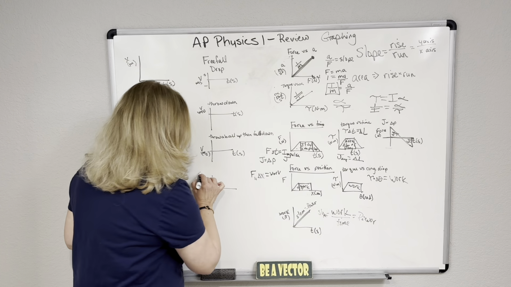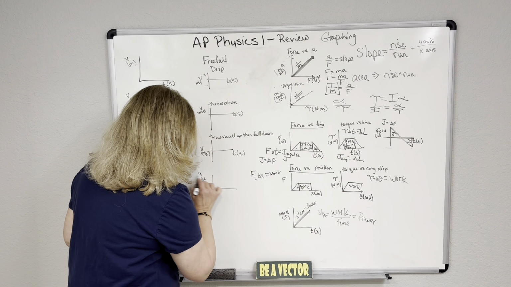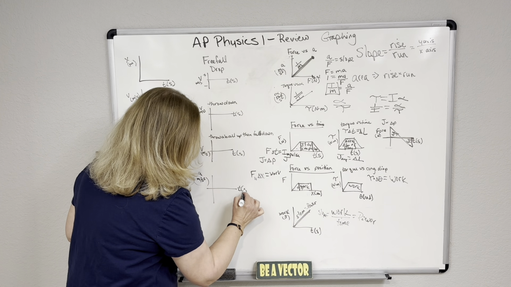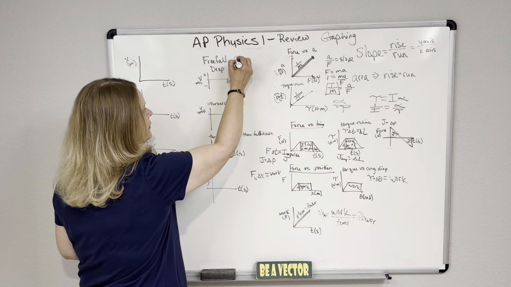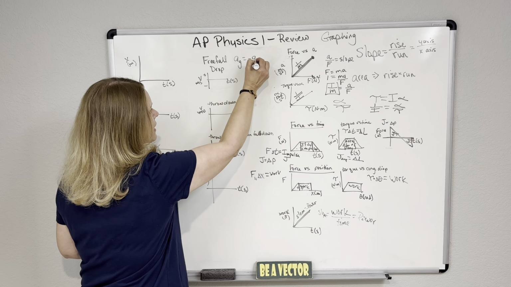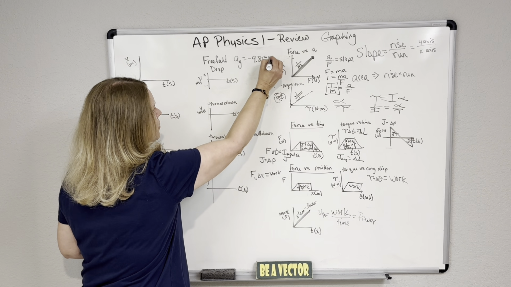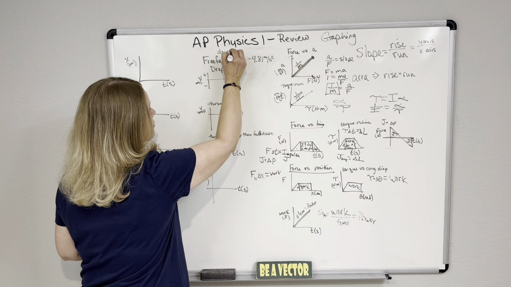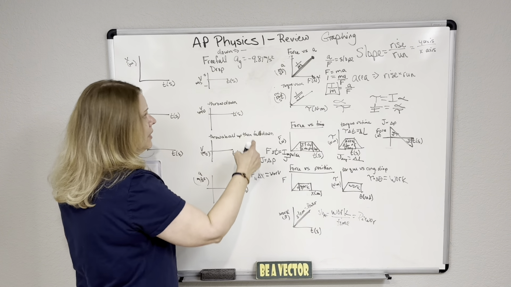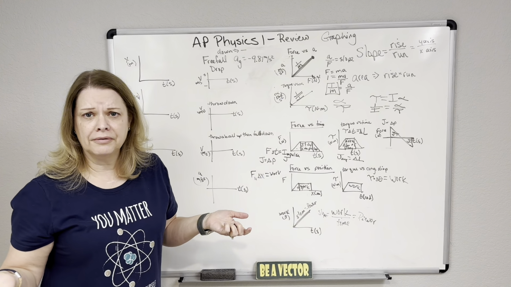All right, because if I did an acceleration of meters per second squared and time in seconds, free fall acceleration due to gravity is always negative 9.81 meters per second squared as long as you're calling down negative, which we are. So it stays the same as long as you're on Earth, right?